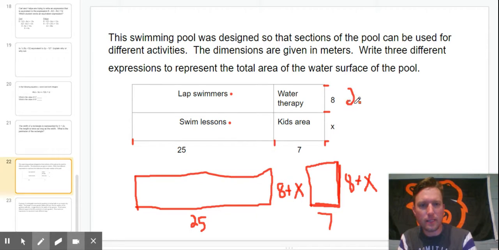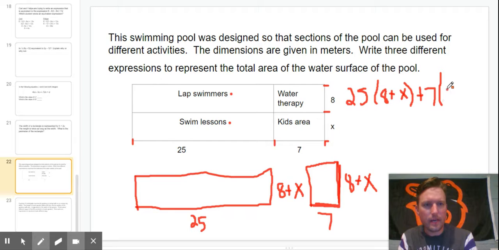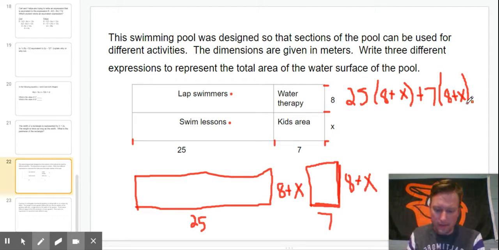So it would look like this: 25 times (8 plus x) plus 7 times (8 plus x). And that would be one way that we could figure out the area of this pool.